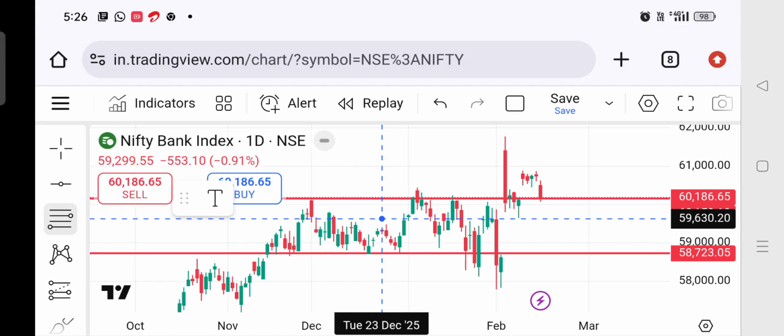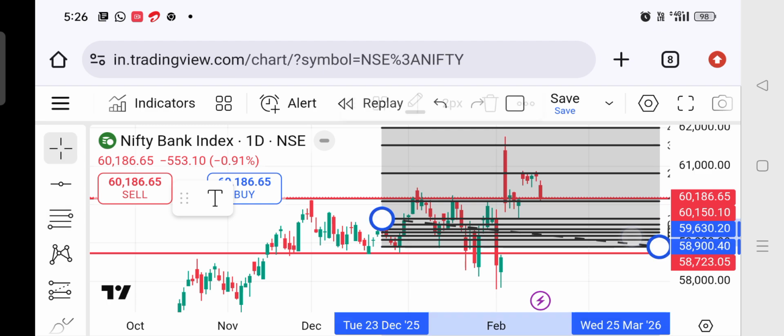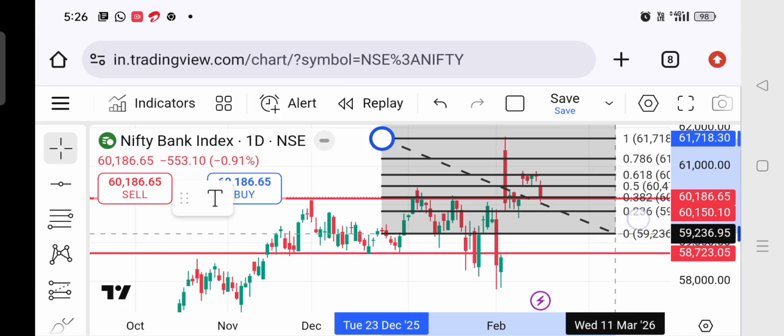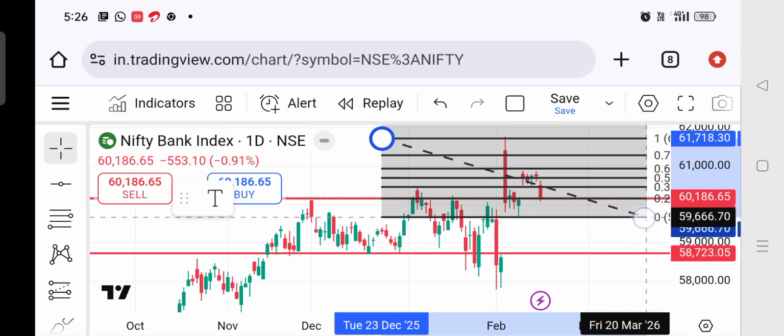So go to analysis the same. We will put here. Here don't have here support resistance levels.